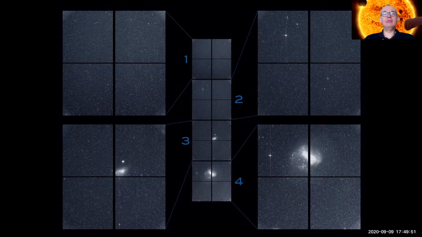If we look at the center of this slide, each of these squares, the 1, 2, 3, and 4, is showing a snapshot taken by each of the 4 cameras at this particular time. And then you can see in a bit more detail at the edges the rich content of these images, showing a whole variety of different types of objects, of course dominated by the presence of stars.